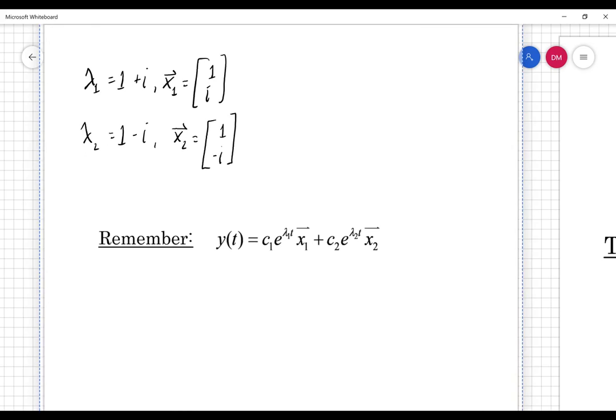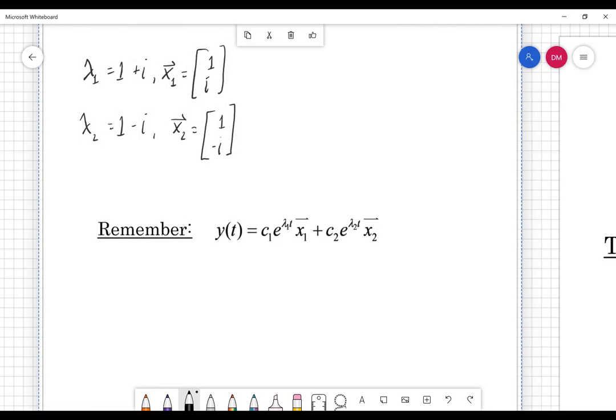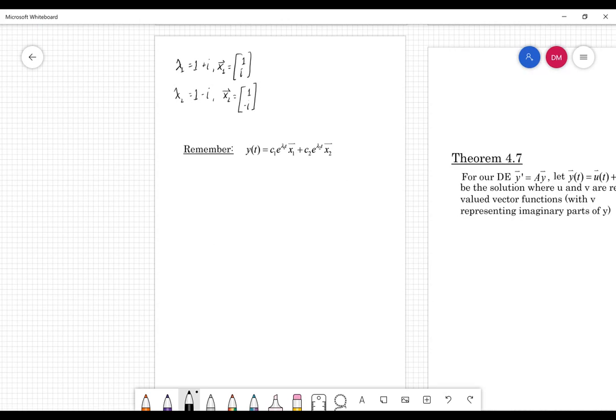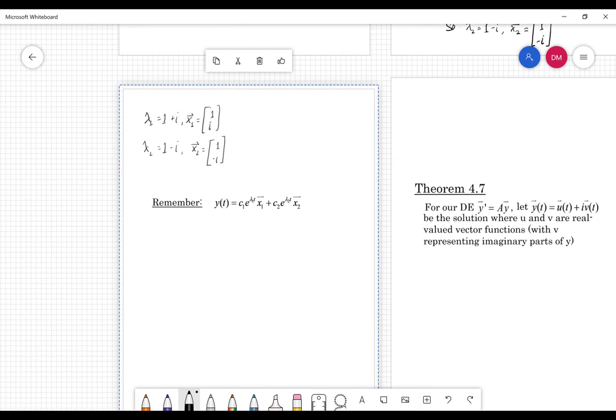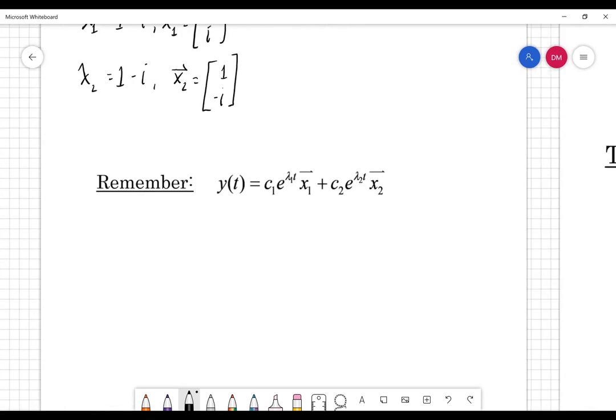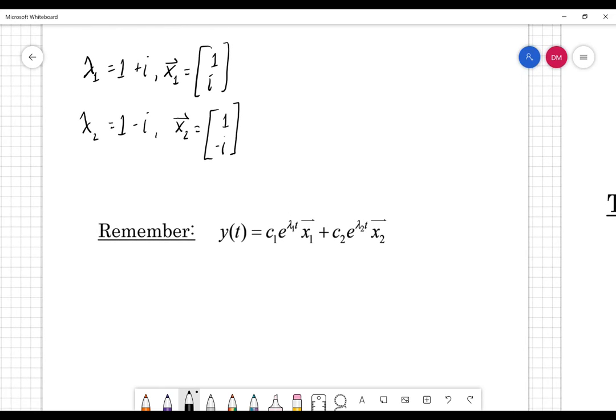Remember that no matter what, when we do our general solution, it does take on this form. This is what our general solution is going to look like, so that part is no different here. So my y of t will be c sub 1 e to the lambda sub 1, so we're going to have e to the (1 plus i) times t, and then multiply that by our eigenvector. And same with our second solution.